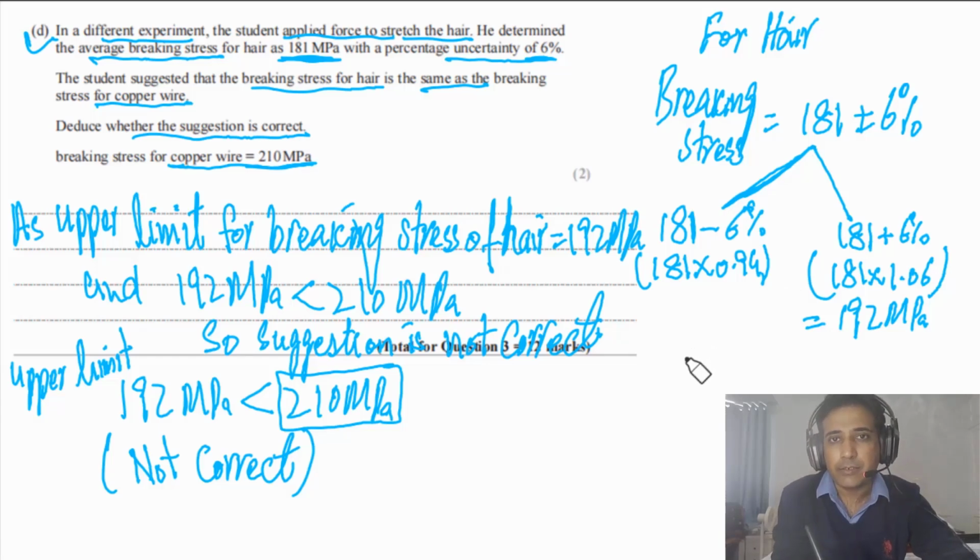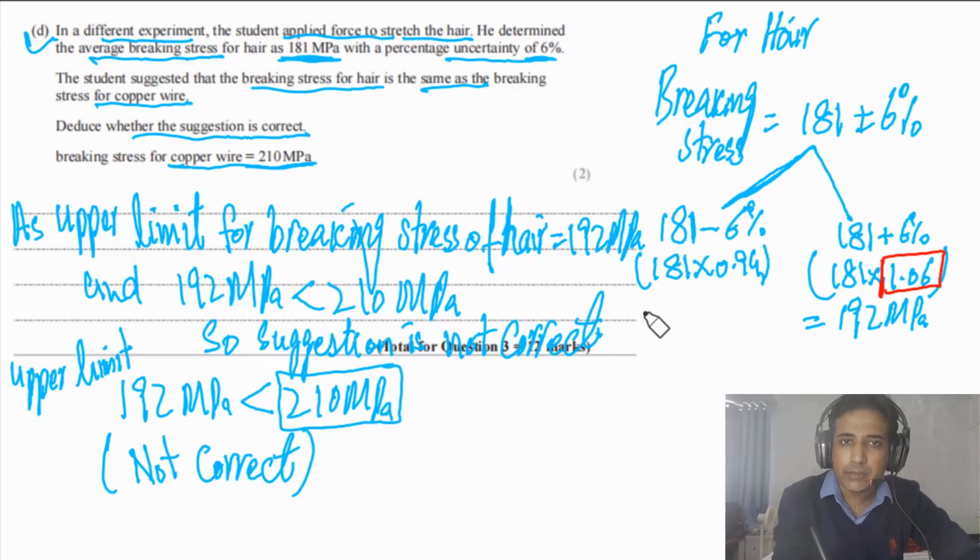Some students asked me before, why do I multiply with 1.06? Let me explain a little about this one. 181 is 100%, plus 6%.